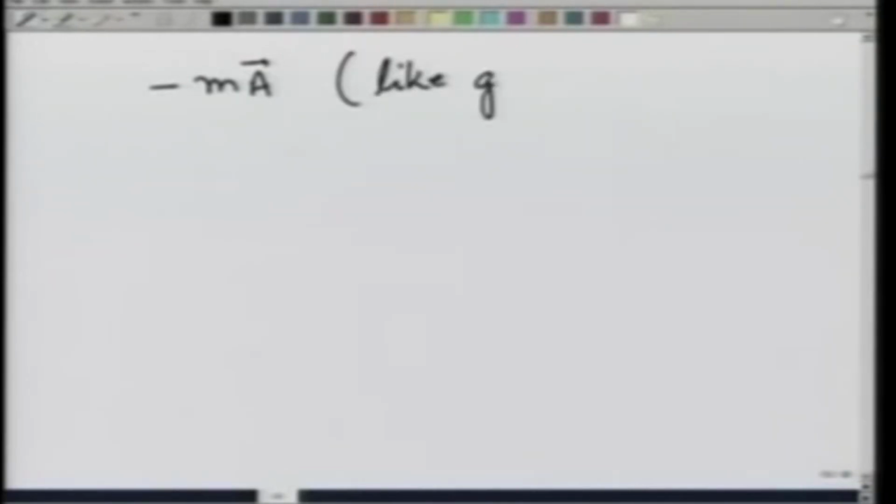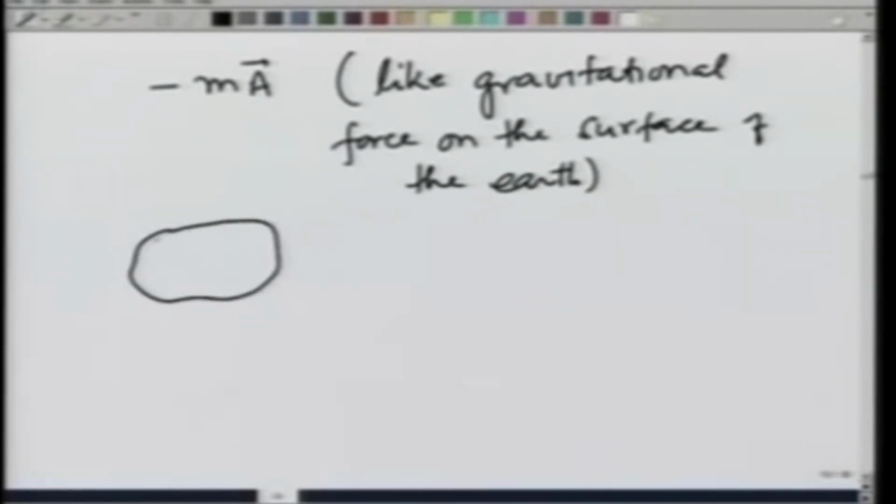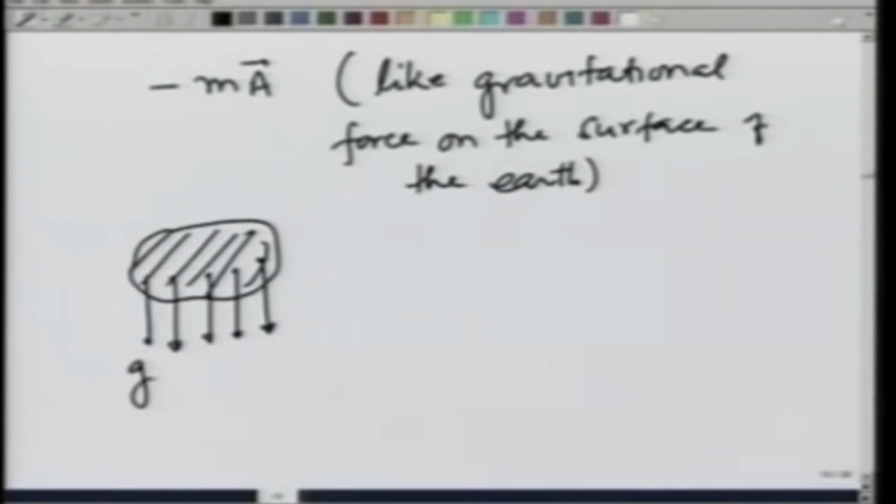One comment about this pseudo force that we have introduced, minus m a, it is like gravitational force on the surface of the earth, except that its direction is slightly different. Recall that if I have a body on the surface of the earth, all parts of it are pulled towards the earth by a uniform acceleration g.